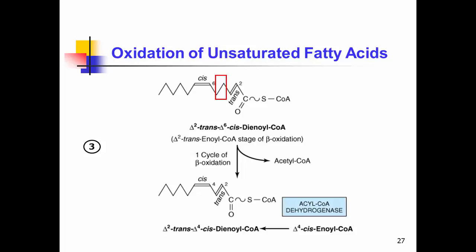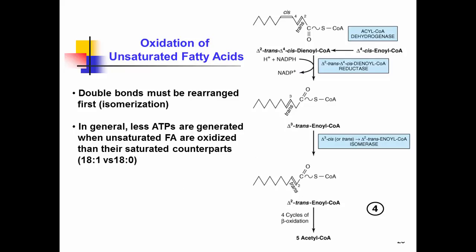So eventually, compared to the saturated fatty acids, the unsaturated fatty acids, again because of the double bond, are less efficient in terms of oxidation, so they generate less acetyl-CoA molecules, right? All right.